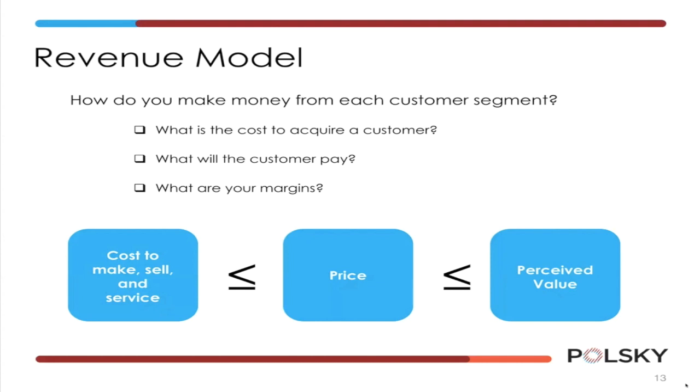Your job is to figure out why your customer wants this product or this service. That's your customer discovery. That's your customer research. The more you can find out about why they want your product, the more you can estimate how they will perceive the value to arrive at the right price.